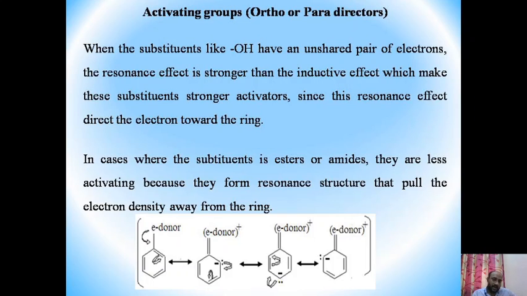Then with the electrophile, that carbanion becomes the more stable carbocation. If any electron donating atom or group is present, it will activate the ring system and produce different types of resonance structures. By these resonance structures, it will increase the activity as well as the stability of the ring system.